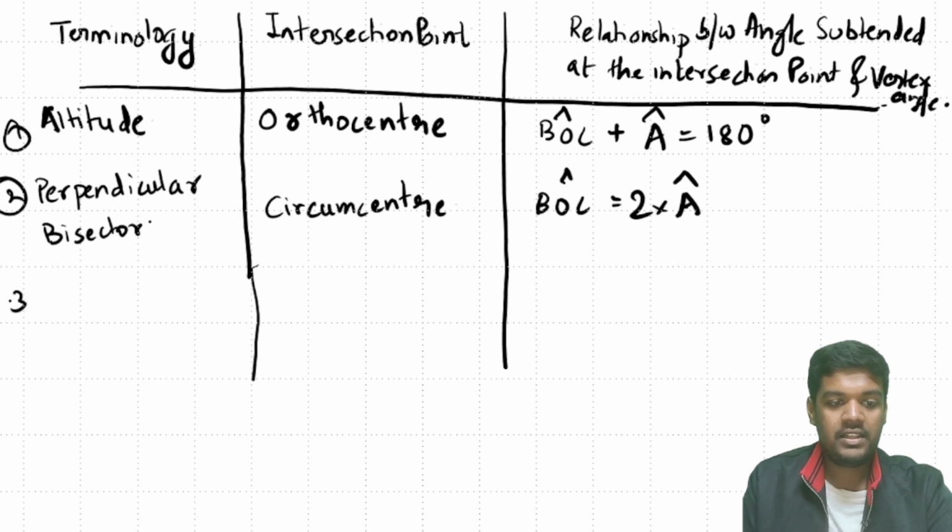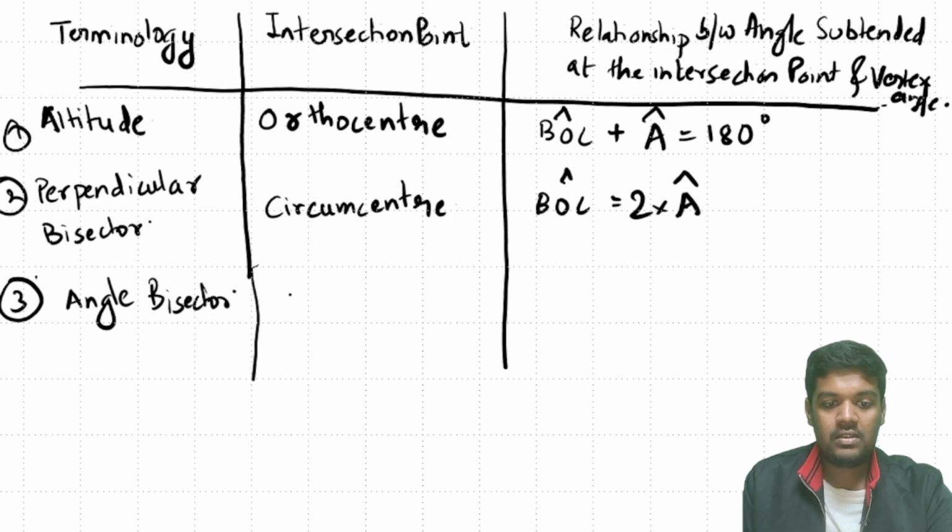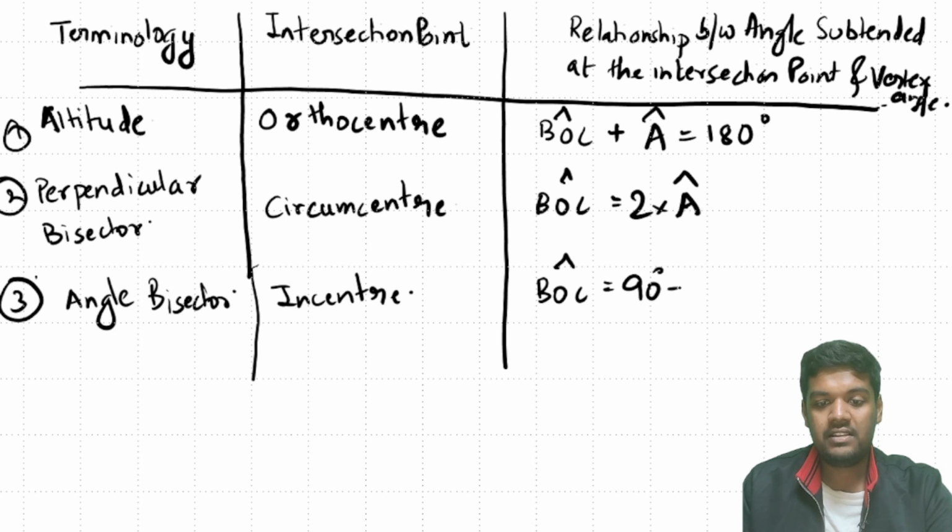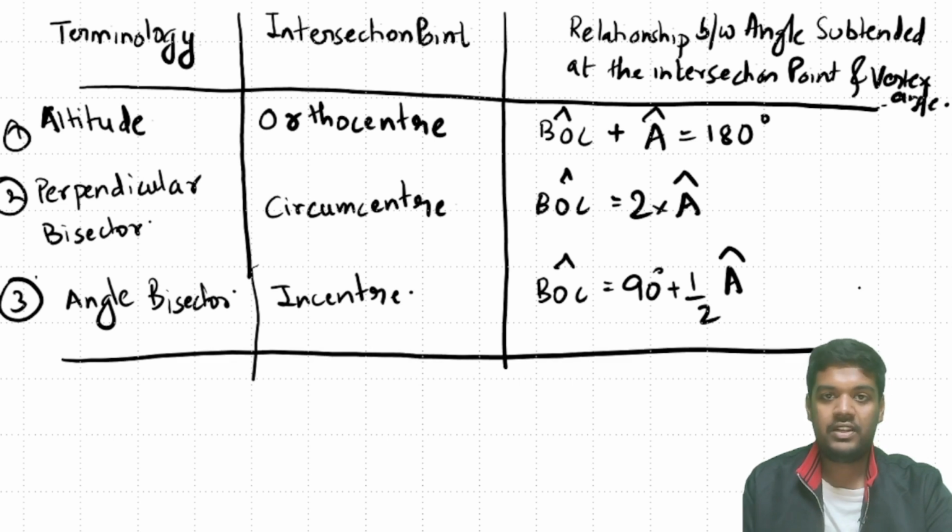Right. Third क्या था? Angle bisector. Angle bisectors meet at incentre. Incentre relation क्या था? Angle BOC equals 90 degrees plus half angle A. So this table will help you to remember all three formulas very easily.